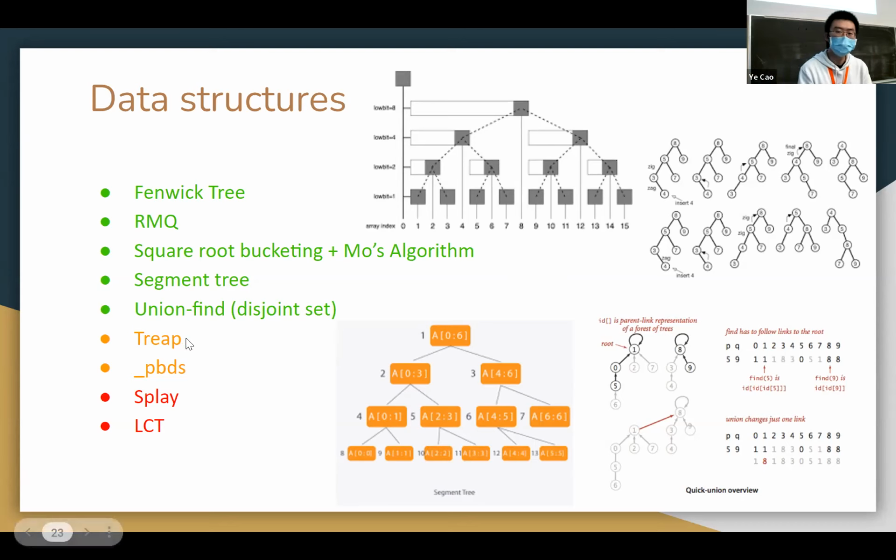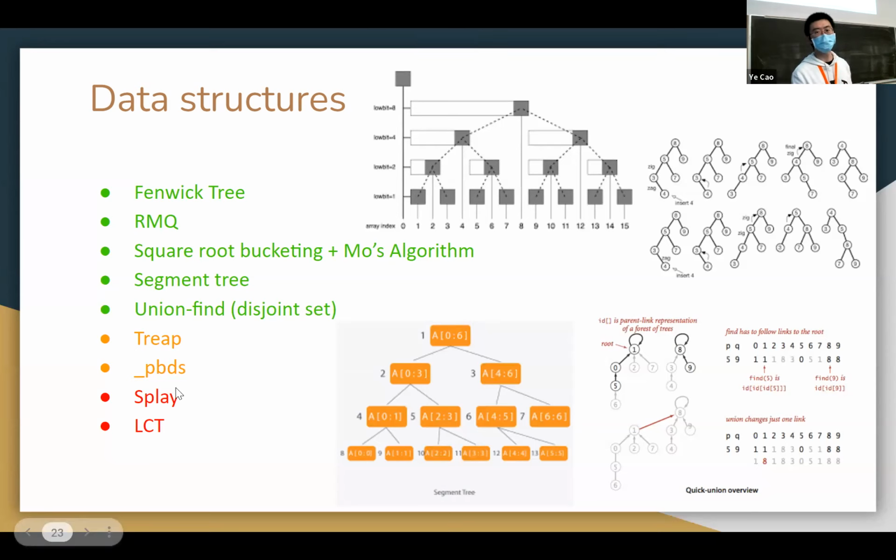Treap, this is not actually very commonly used. It is what I call a pseudo self-balancing binary search tree because its self-balancing is based on some probability statement. So when you want a binary tree to do certain things that sets and maps cannot do, consider treap.